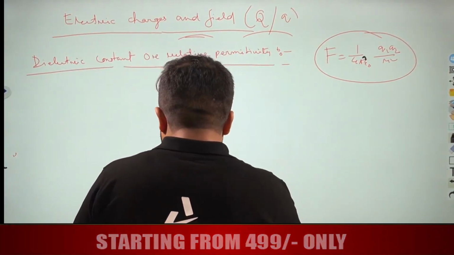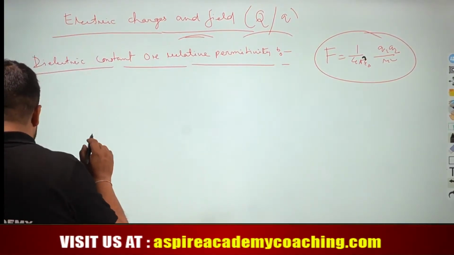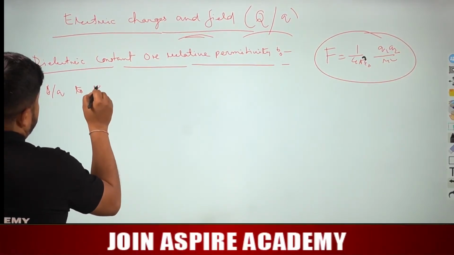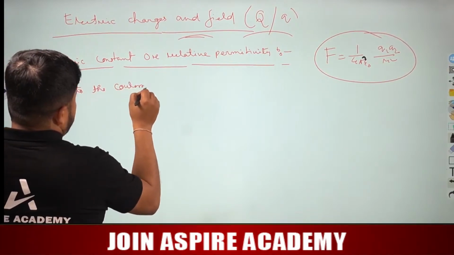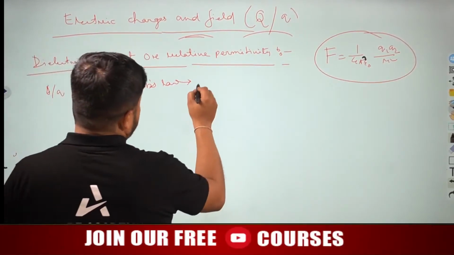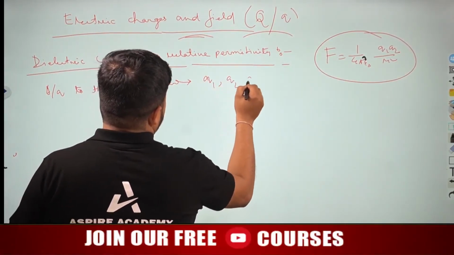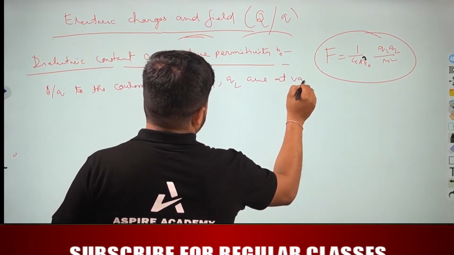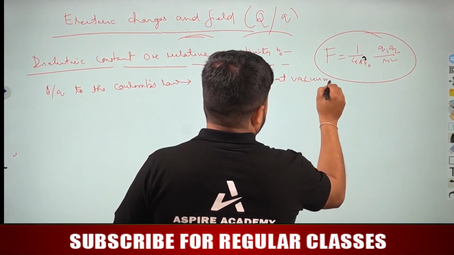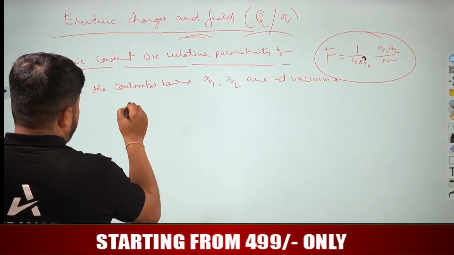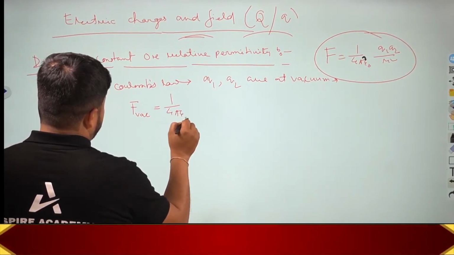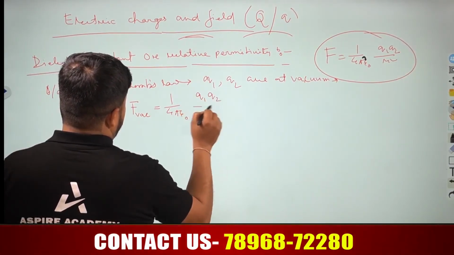Suppose two charges Q1 and Q2 are in vacuum. According to Coulomb's law, the force F vacuum is 1 by 4 pi epsilon naught Q1 Q2 by R square.